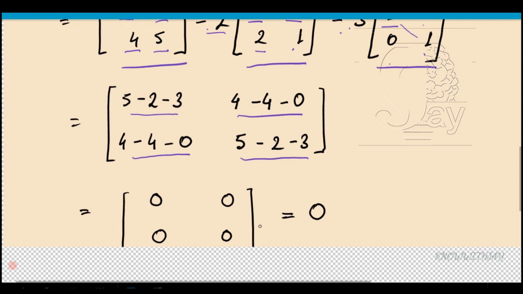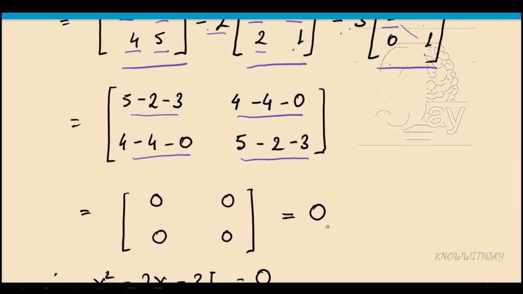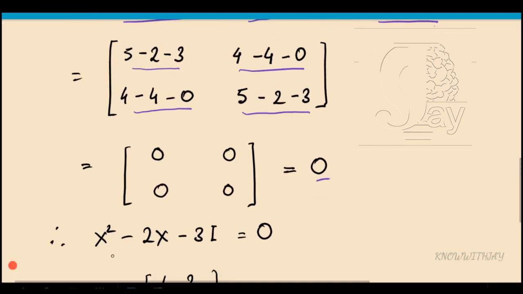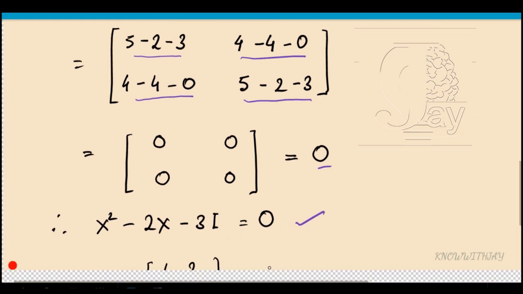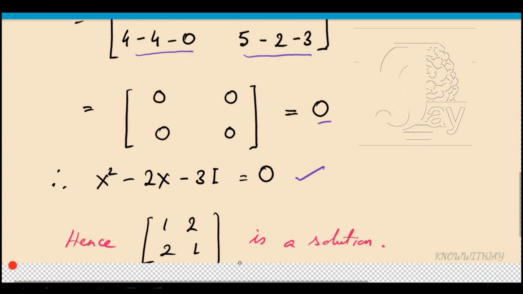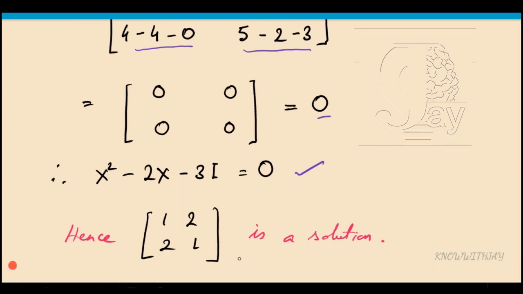So each of the elements we can see is 0. So that's equal to O given in the matrix. That means our left hand side X squared minus 2X minus 3I is equal to the matrix O, and hence [1 2; 2 1] is the solution, which is proved.